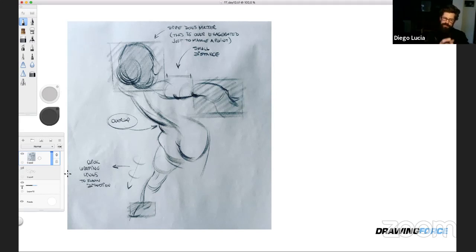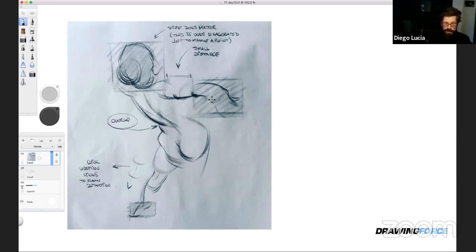There was a question before in the chat asking how we can reduce the amount of foreshortening when we're creating something from our imagination. So why would you? That was my answer, because if you are imagining something, you can make things up.